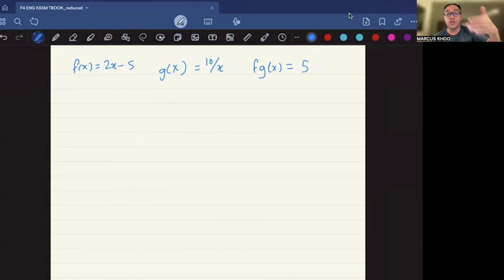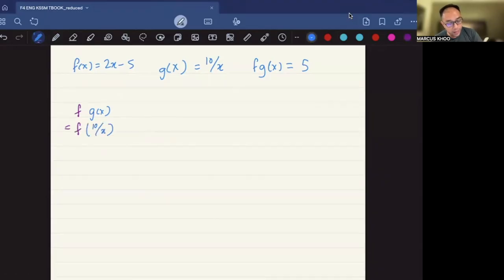So let's do what we have been doing in the previous video. The same thing. So fg(x). Let's find the composite function first. When we do that, we will get f, and what is g(x)? g(x) is 10 over x. And remember, this is the object.